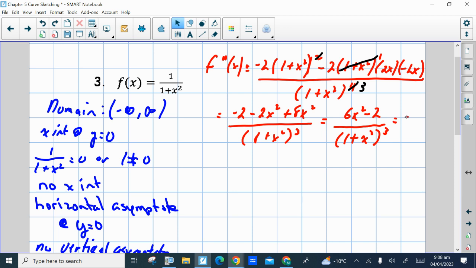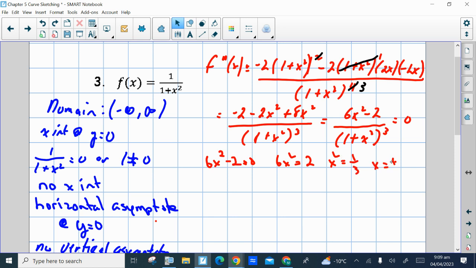And we want to find the critical numbers for that, which is where it equals 0 or undefined. There is nowhere that it's undefined. There is no non-permissive value for the denominator. So our only critical number for this will become where the numerator equals 0. So that'll be where 6x squared equals 2. That'll be where x squared equals 2 over 6 or 1/3.